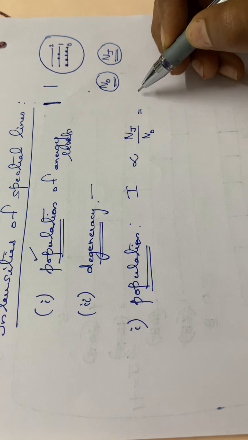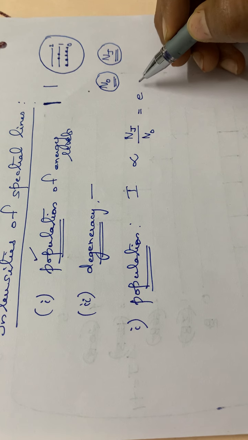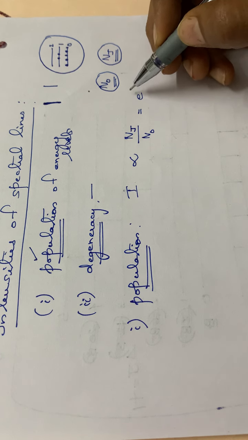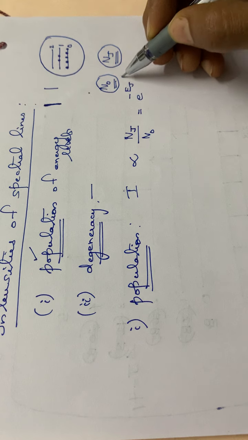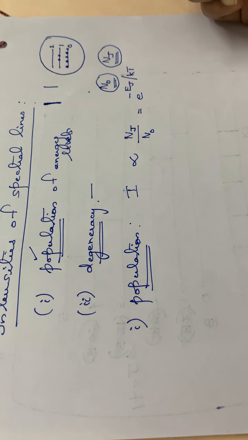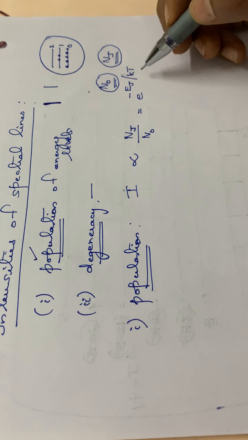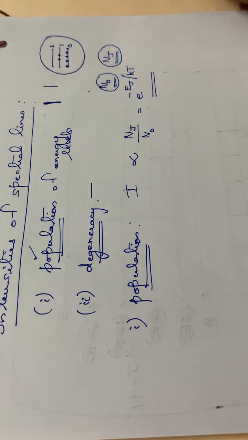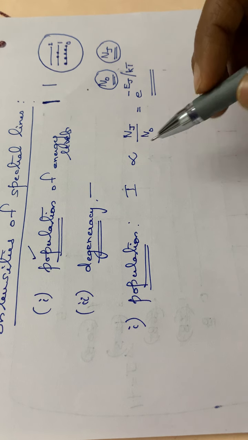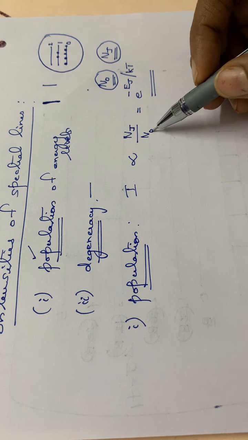That is equal to a Boltzmann distribution factor, or Boltzmann exponential factor, and it will be equal to e raised to minus Ej divided by kT. So this is the factor which affects the intensity, or which determines the population. So I, the intensity, is directly proportional to Nj by N0.